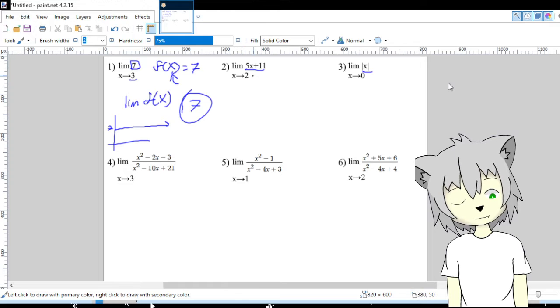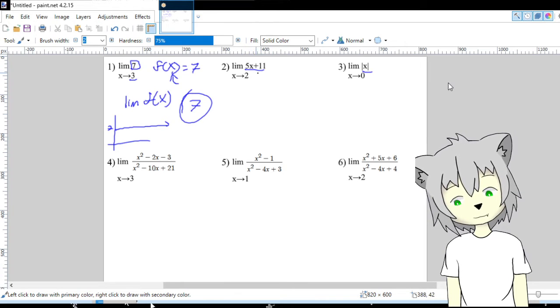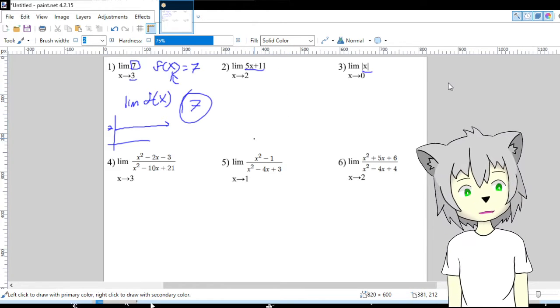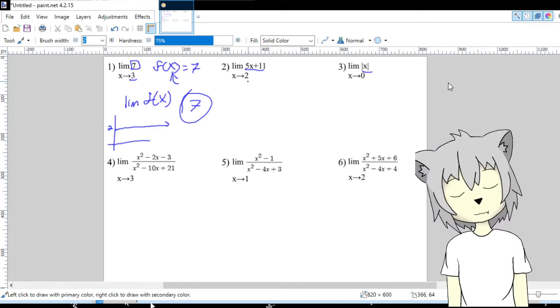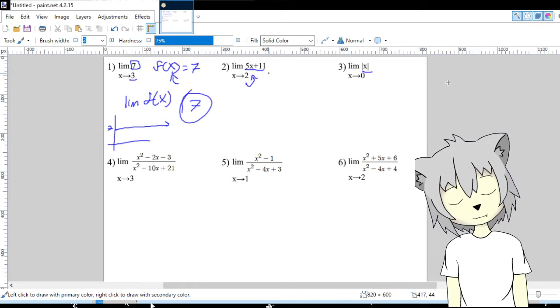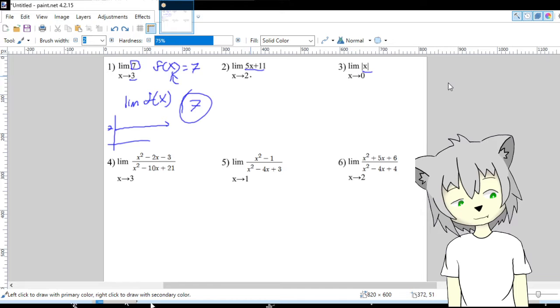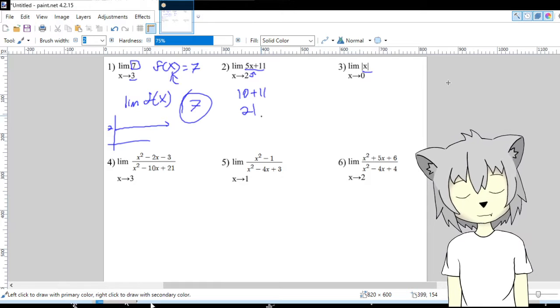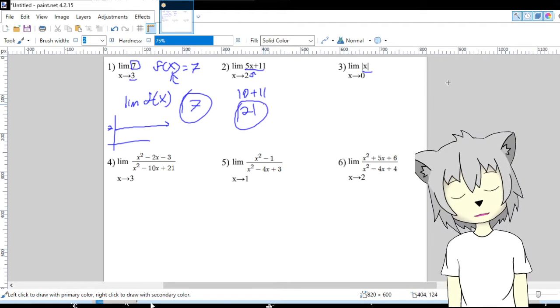The limit of 5x plus 11 as x approaches 2. You could plot it on the graph, or you could literally just put 2 into x right here, and you get 10 plus 11, which is 21.